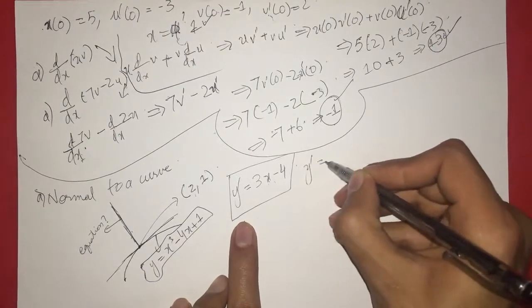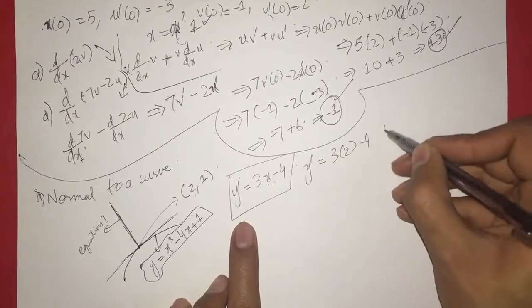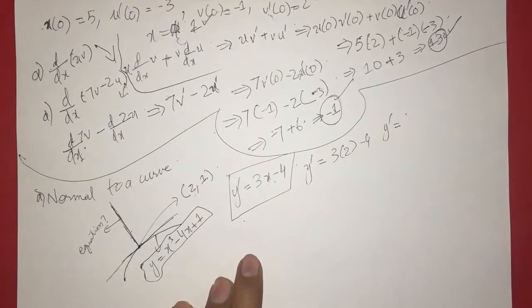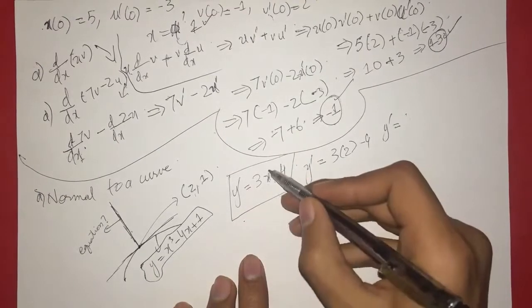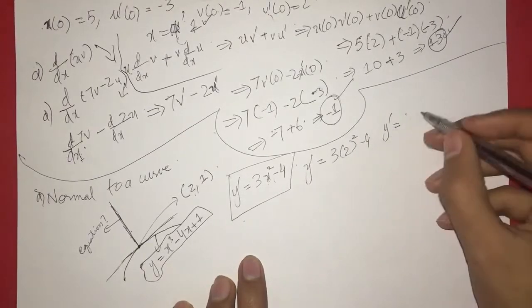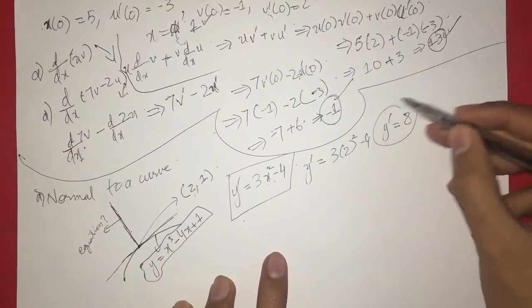So y dash equals 3x squared minus 4. So 3 into 2 squared, 2 squared is 4, 3 fours are 12, minus 4 is 8. But here's the tricky part.